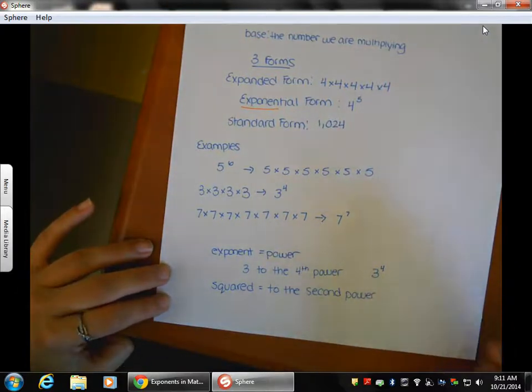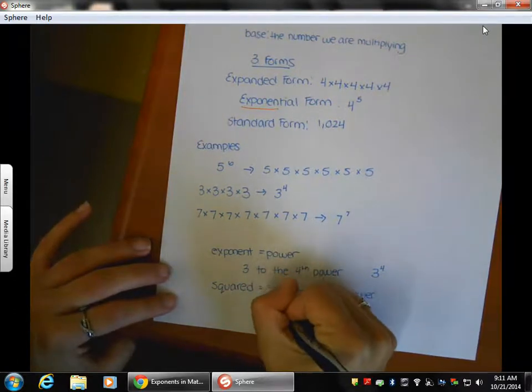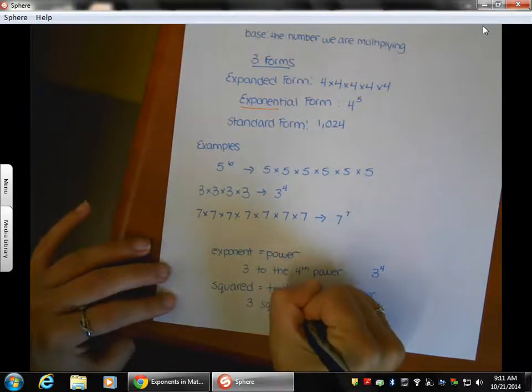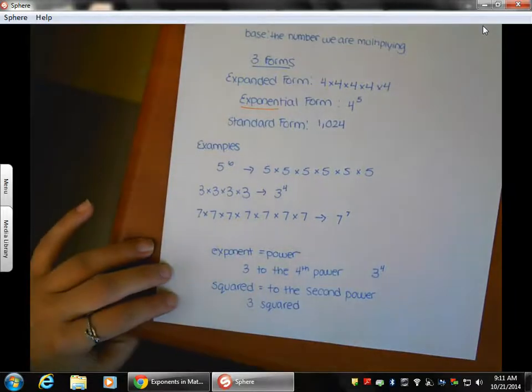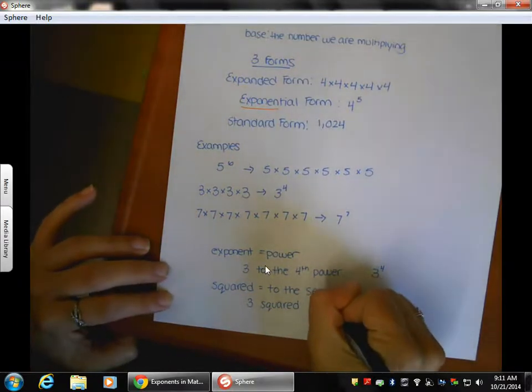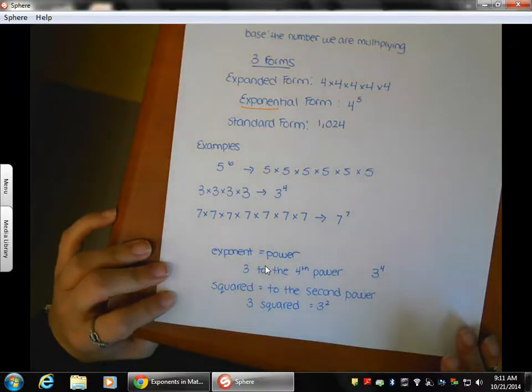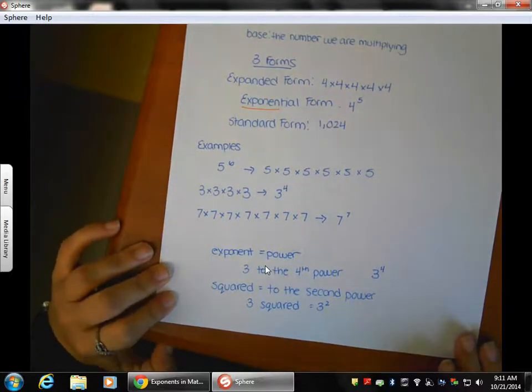So let's say we want to do 3 squared. That means the same thing as 3 to the second power, or 3 with an exponent on top. Okay? So squared always means 2. You're always multiplying 2 times with squared.